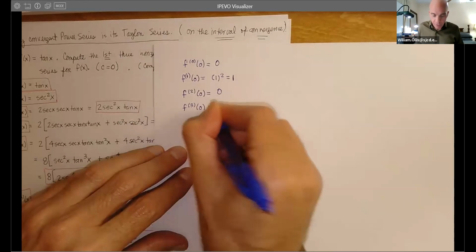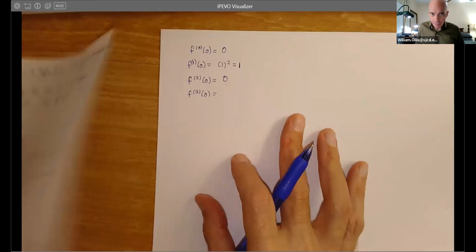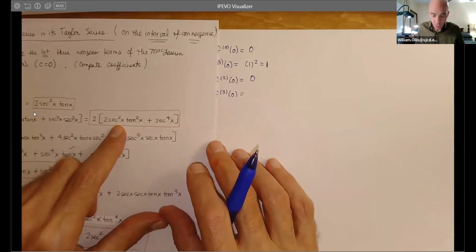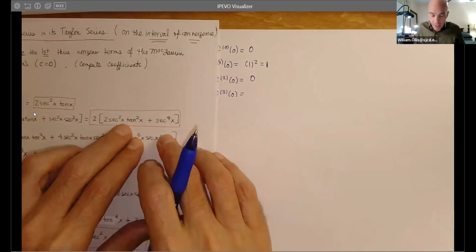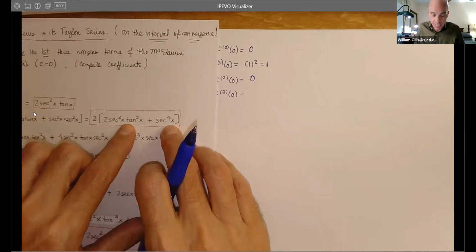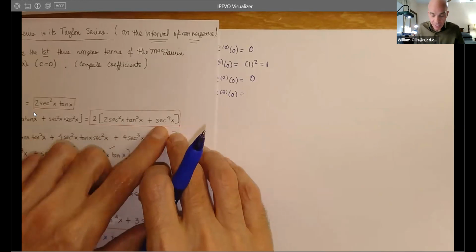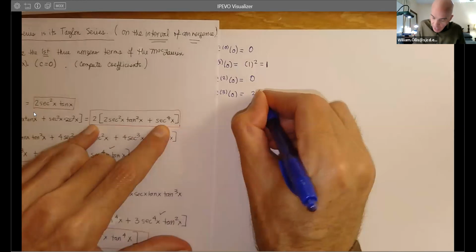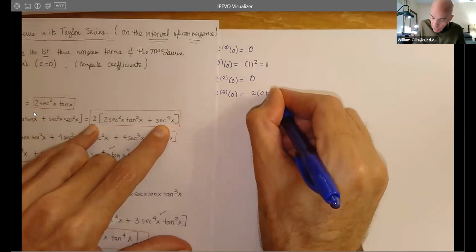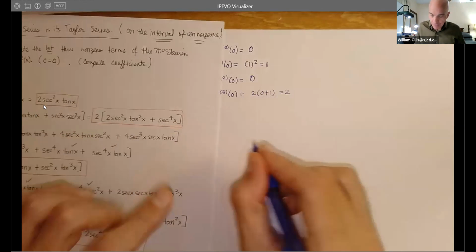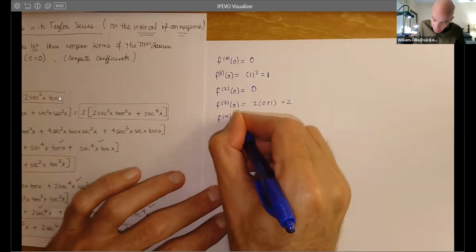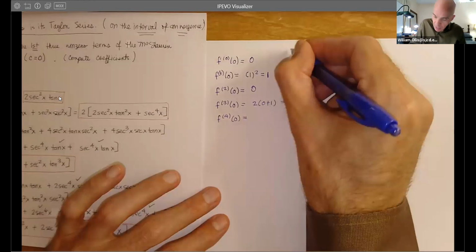Now for the third derivative, that's right here. That's why I put the boxes around them. Now notice this will be 0 because of the tangent of 0, but that's a 1, so we get 2 times a 1. So this is 2 times 0 plus 1, which is 2. Now the fourth order derivative at 0, because c equals 0.